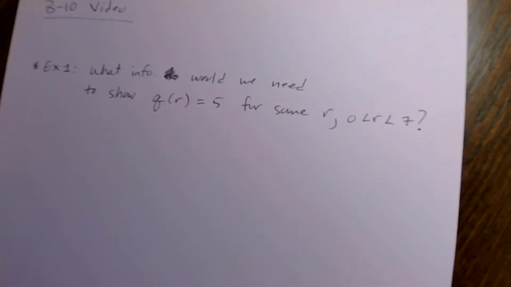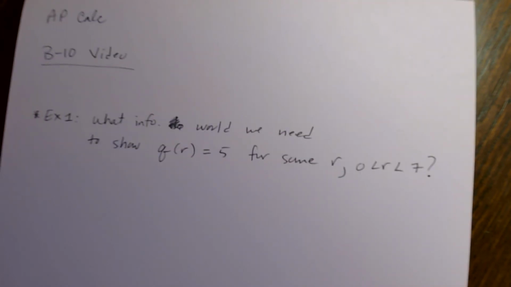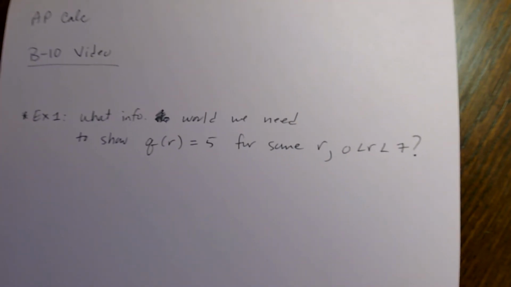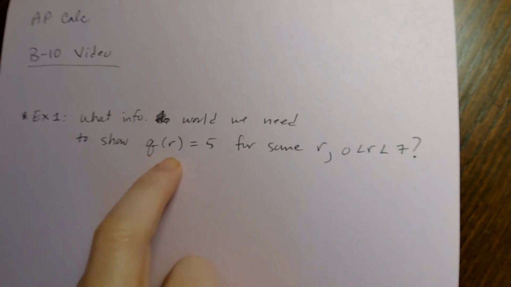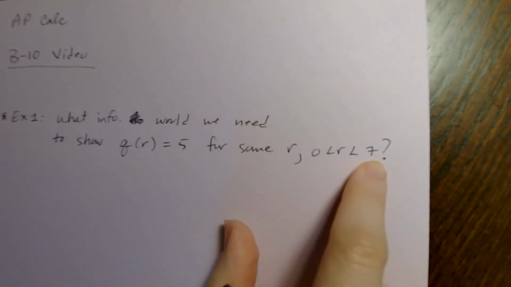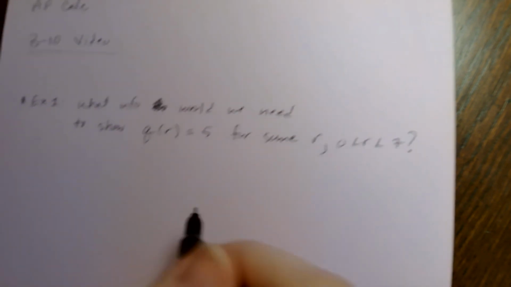All right, now this is going to be really fast. What we're trying to get you to do here is basically know the conditions, be able to state the conditions of the intermediate value theorem. So what information would we need to show that Q of R equals 5 for some R between 0 and 7? So you need these two conditions.